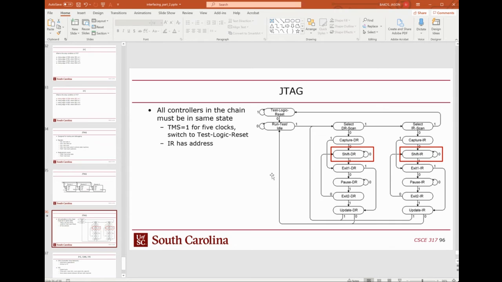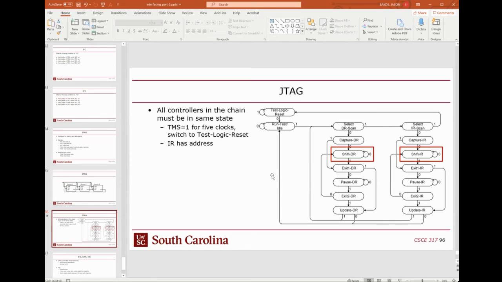Now the bit pattern that you send on TMS can be used to go through a 16 state machine that will put all of the devices on the JTAG chain into one of 16 states. Two of those states are the important ones, which are shift data register and shift instruction register.